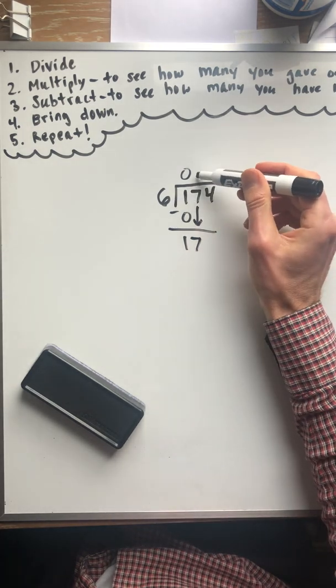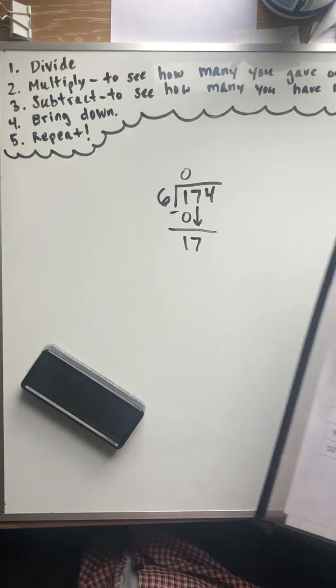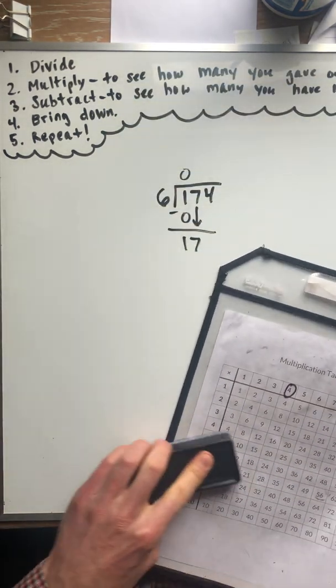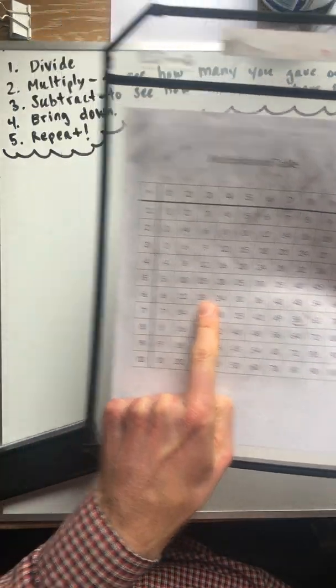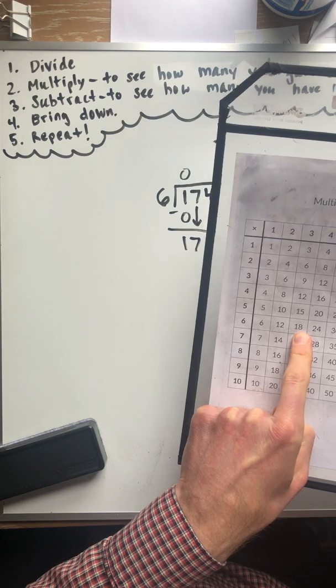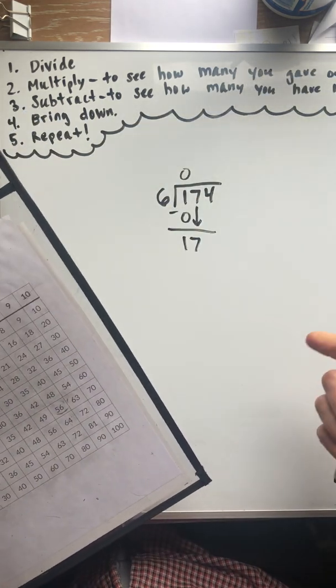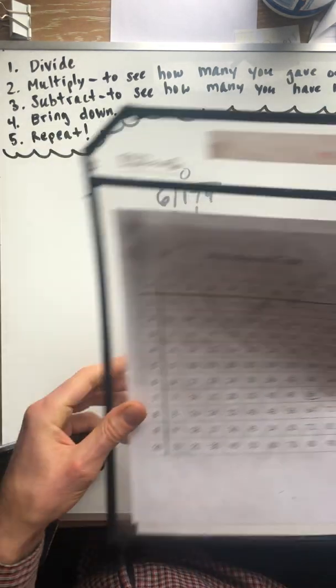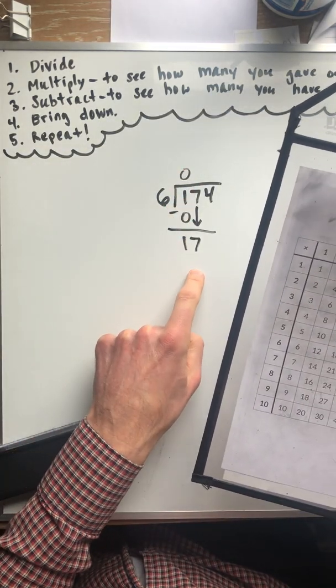So 6 times what equals 17? If you're not sure, you look at your 6s. 6, 12, 18. Oh, you can't go over it. Because you can't give out a dollar you don't have or a $10 bill you don't have, you've got to find 6 times what equals as close to 17 as possible without going over.